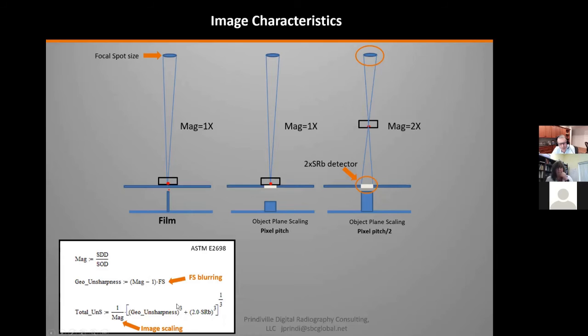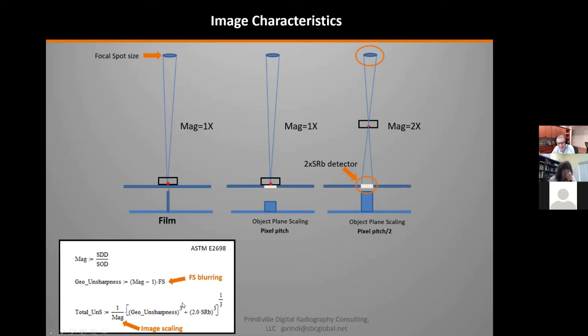And we're going to use the geo unsharpness cubed plus 2 times the spatial resolution at the detector cubed, and then take the cube root of that. So it's the cube root of geo unsharp cubed plus 2 times the spatial resolution at the detector cubed. And then we're going to divide that by the magnification.